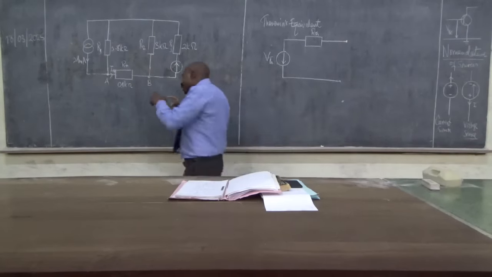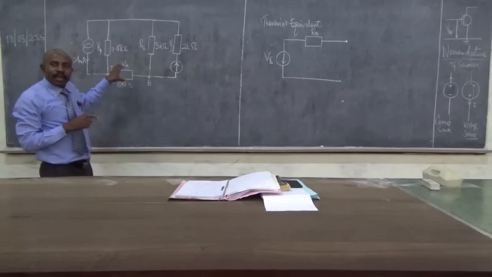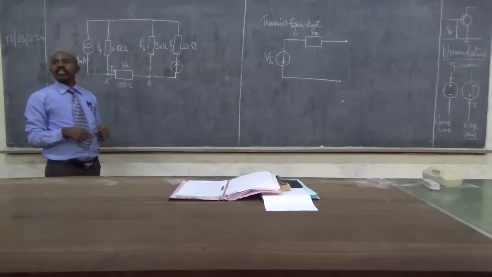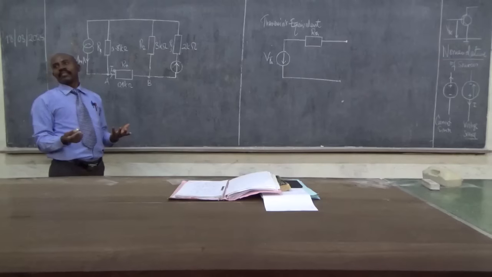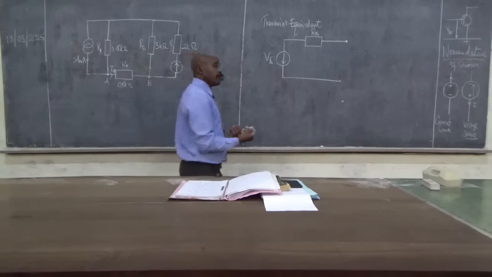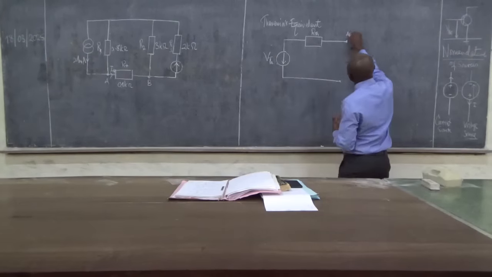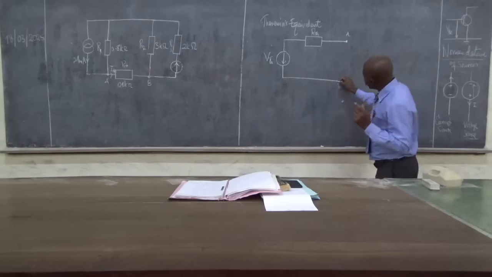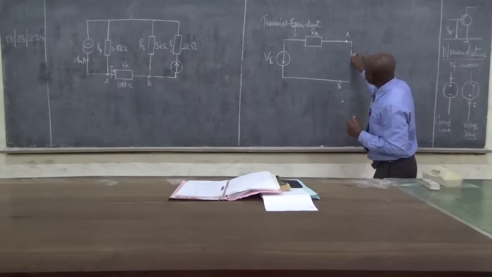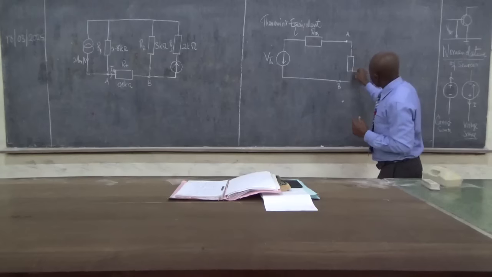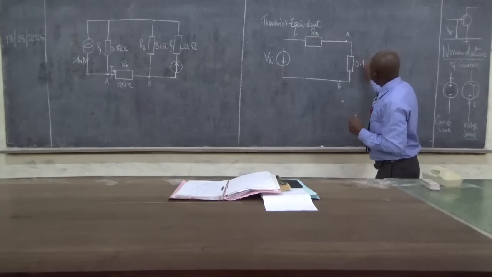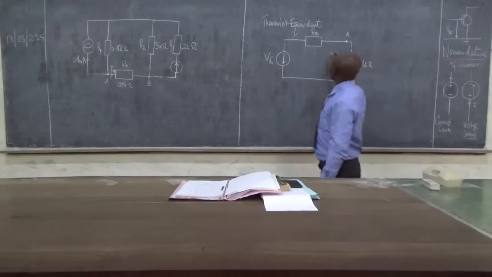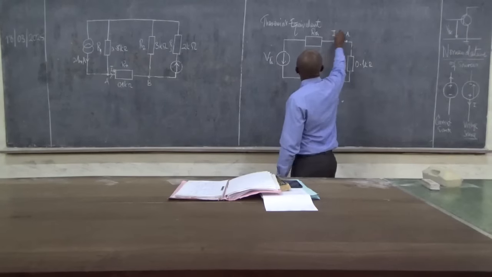And now we shall isolate this resistor as our load that is feeding on our source. So this will be our AB, and here we shall have our load resistance, which is now 0.1 kilo ohms. And now the current that will be flowing will be I4.